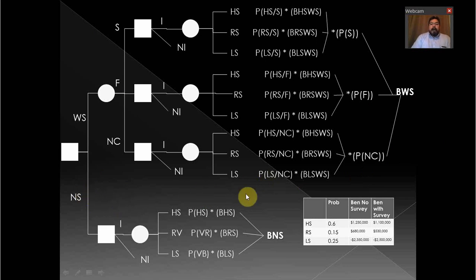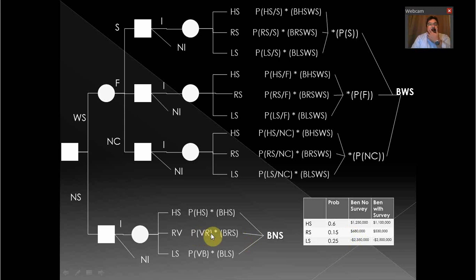For the lower part of the decision tree, we just need to multiply the probability of high sales times the benefit of high sales with no survey. That will be 1,250,000 for high sales times 0.6.